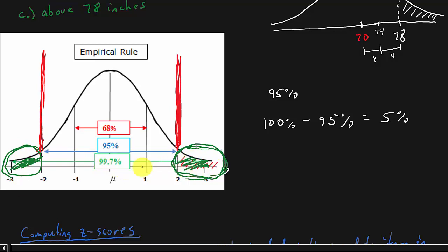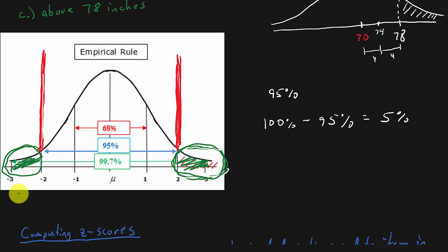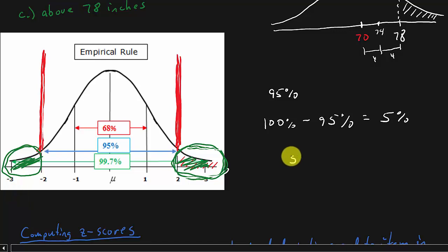Well, this thing is symmetrical. Okay, so this area and this area are the same. So if it's 5% left, then that percentage is going to be 5% over 2, which is what? 2.5%. And that would be this area. And I know I said something about this area. Well, that's that area too. Sometimes it's easier to find this area over here than it is the one that's going above the number.